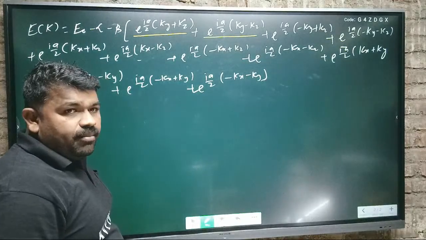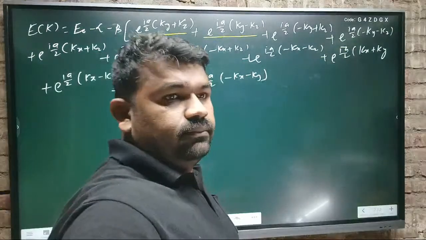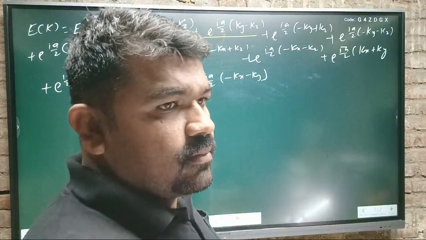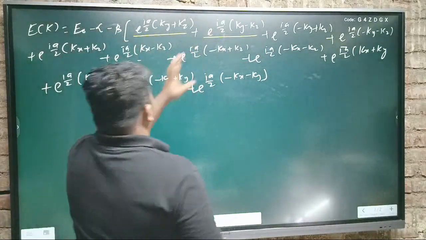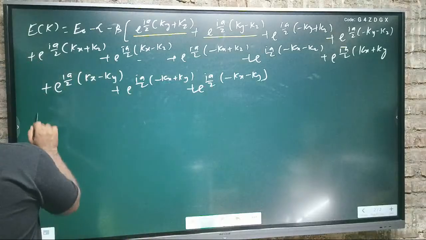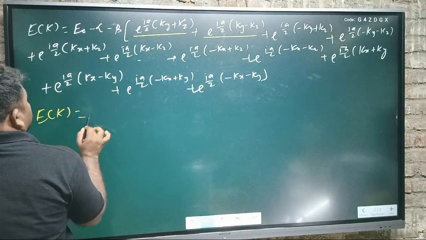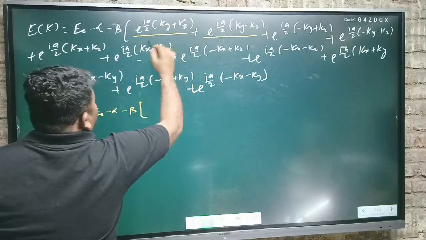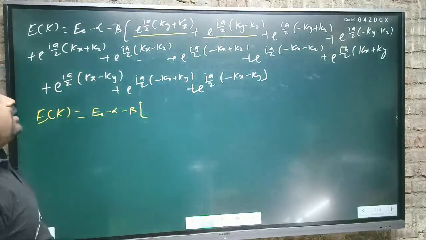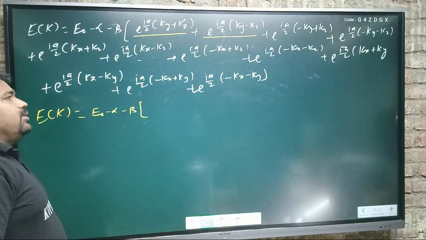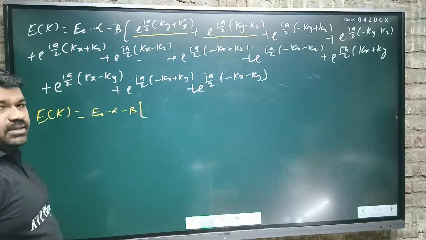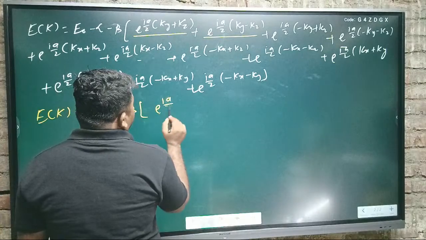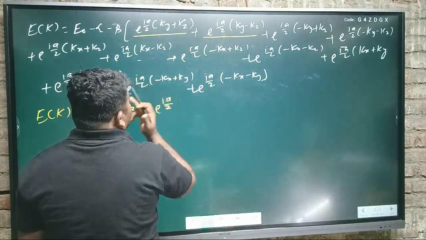From these two terms we can take common out e to the power i a by 2 ky.